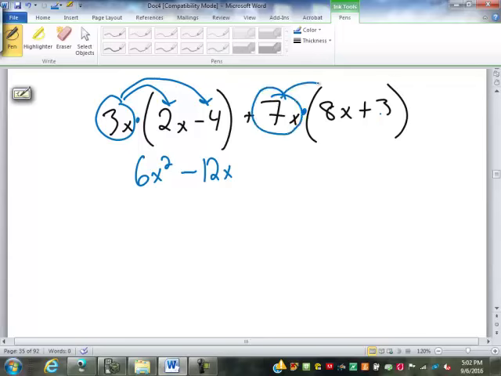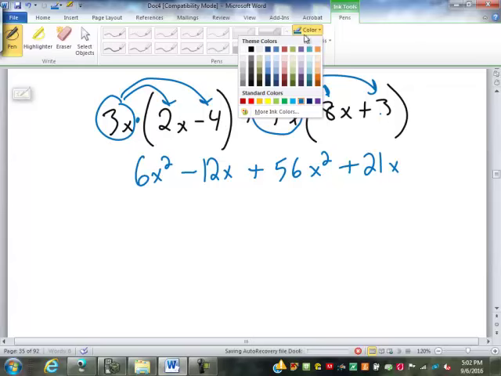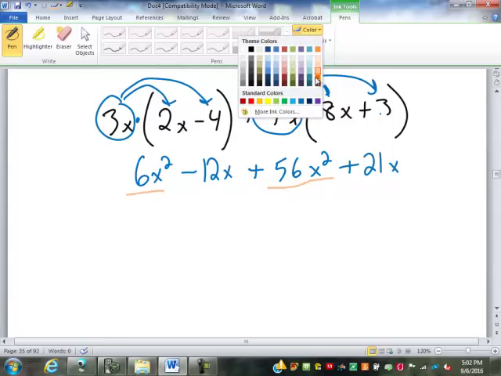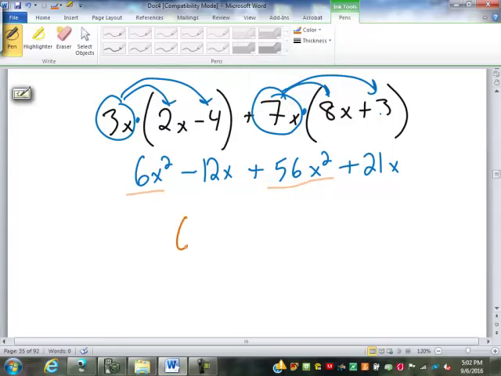Now we have 7x times 8x, which is 56. It's positive, so I'm going to put a plus. 56x squared. 7x times 3, positive 21x. Now I can combine 6x squared and 56x squared make 62x squared.